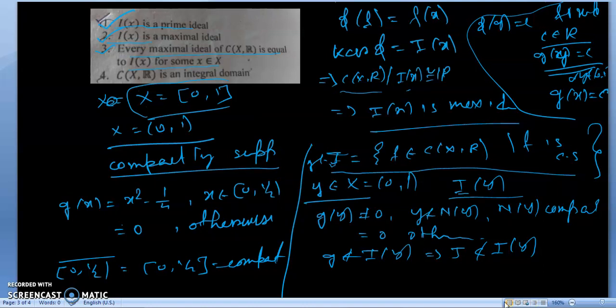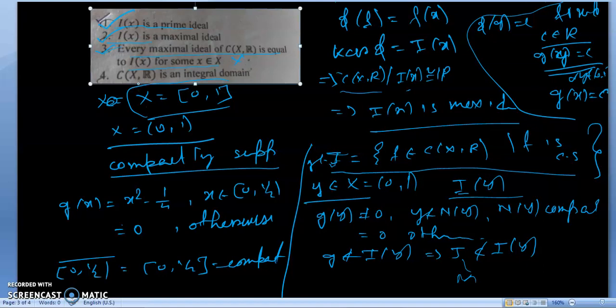If J is not maximal, then obviously there will be a maximal ideal M which contains J. But as J is not contained in I_y, its bigger ideal M also will not be contained in I_y. That means this option is wrong. Clear? There is always a maximal ideal which is not of this form. So therefore option 3 is wrong.